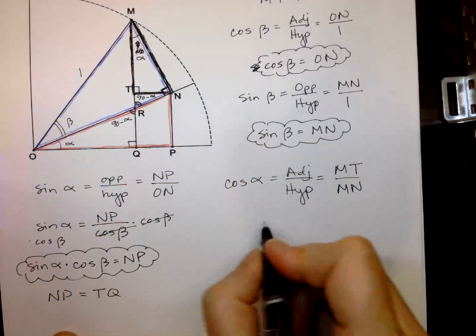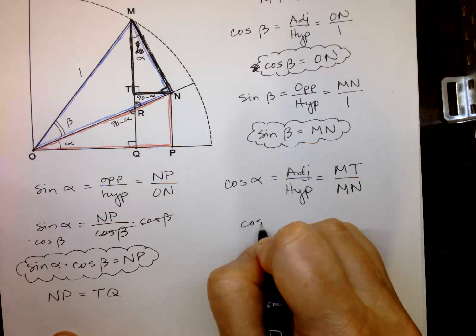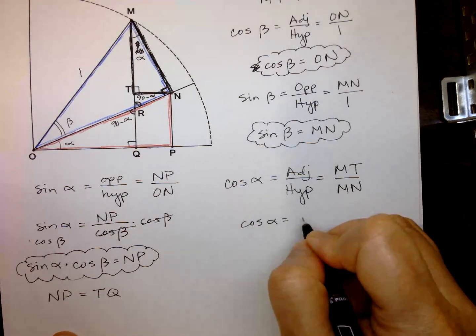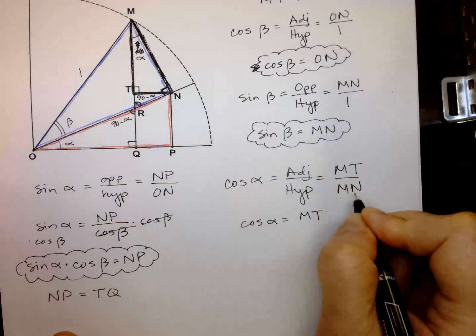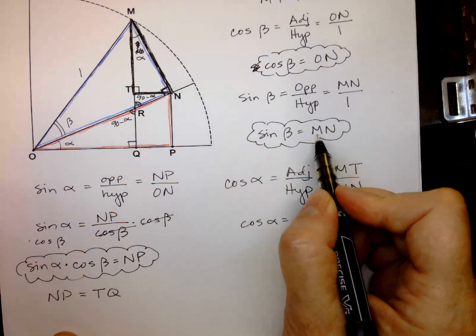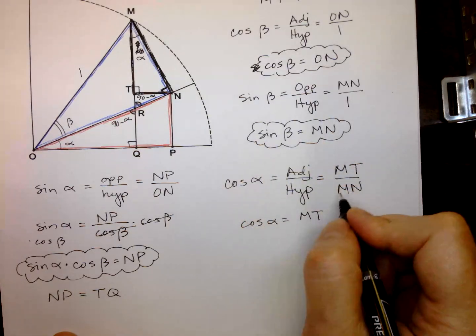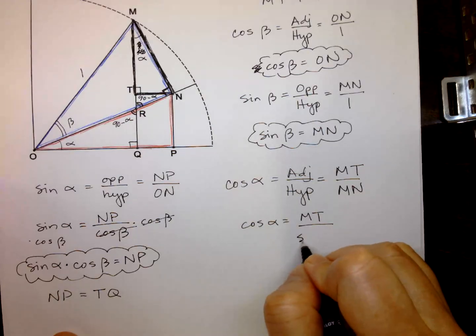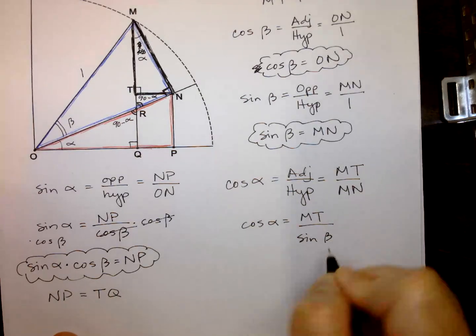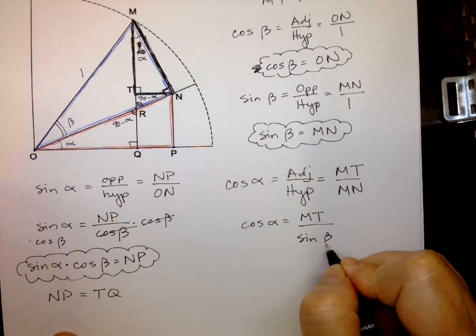Okay, I'm going to rewrite this down below. I'm going to say that the cosine of alpha equals MT over MN. Hey, but what do you know? Just right above it, I have a statement that says MN can be substituted with sine of beta. So I'm going to rewrite this right here with sine of beta on the bottom instead of MN because MN is equal to the sine of beta.